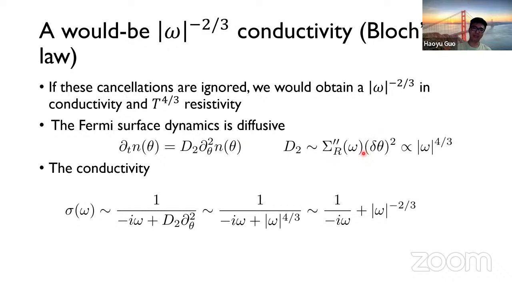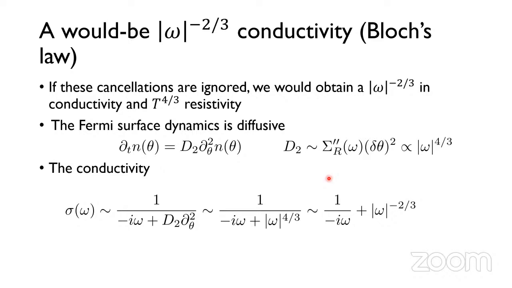You could estimate this quadratic diffusion coefficient, which scales as delta theta squared. From this you get a power law for the diffusion coefficient, omega to the 4/3. If you replace this by temperature, you get a T to the 4/3 resistivity. You can also plug this into the optical conductivity and get an omega to the minus 2/3 term. But this is how to do it the wrong way.